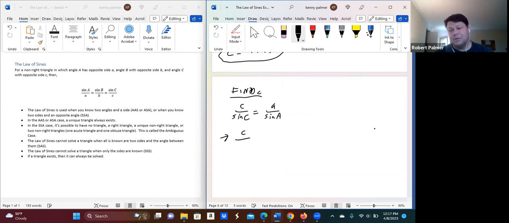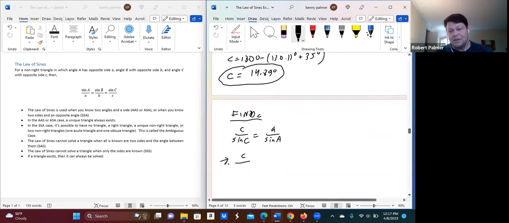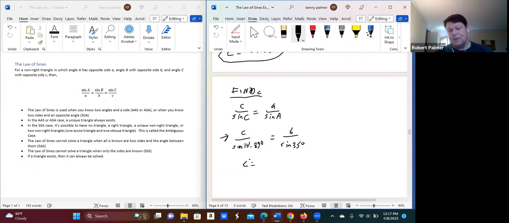So C over the sine of angle C, we just found that, the sine of 14.89 degrees, is equal to A, which was 6 over the sine of angle A, which is 35 degrees. And once again, same as before. So C is going to be the sine of 14.89 times this fraction on the right-hand side, 6 over the sine of 35 degrees. Let's do that on Desmos.